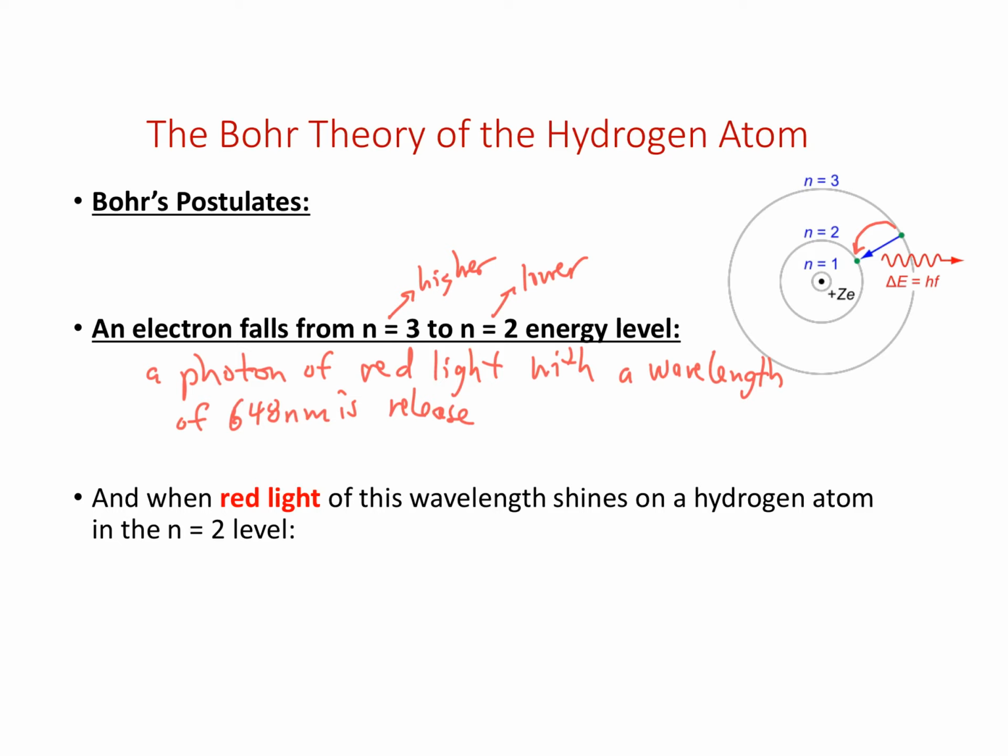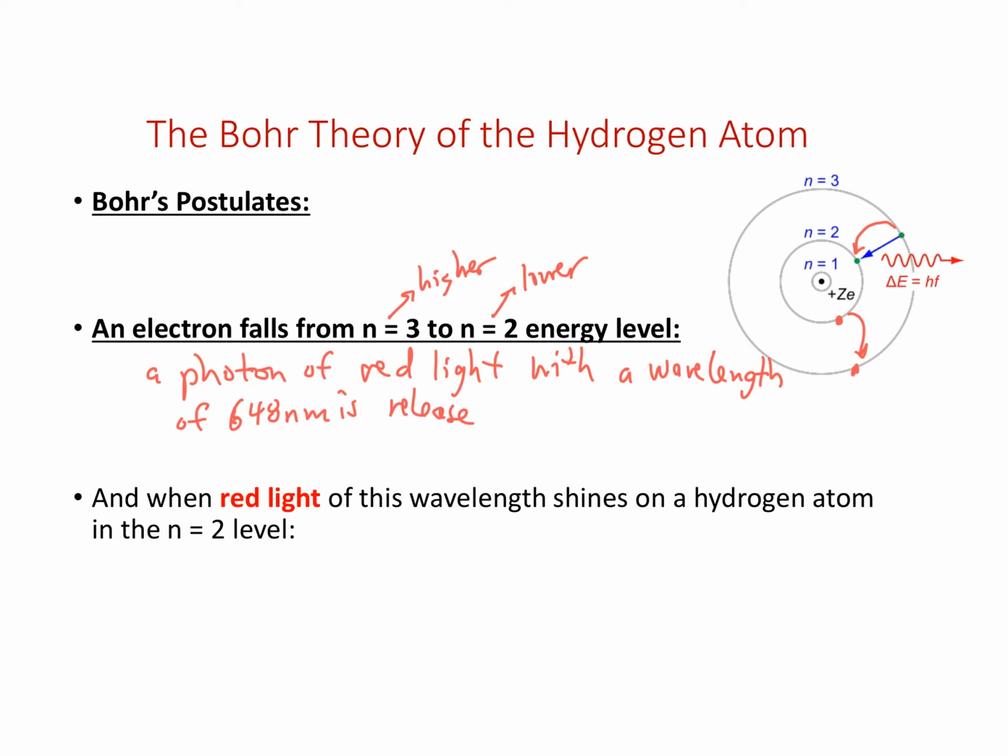Well, for the opposite to occur, for the electron to go from n equals 2 and be promoted up to n equals 3, for the opposite to occur, what do we need? We need to shine a light of 648 nanometer light, right, exactly on that element to promote that electron up to the excited state.